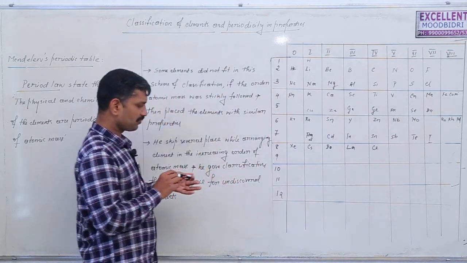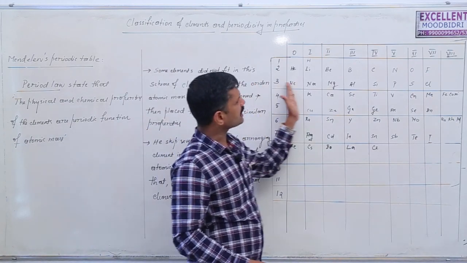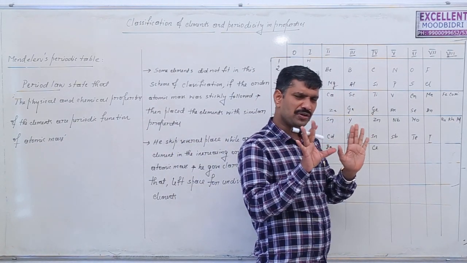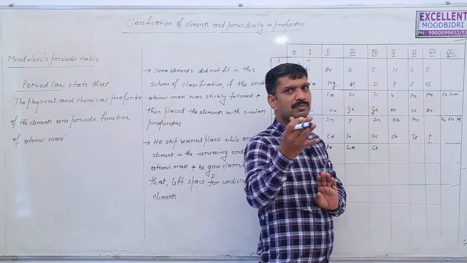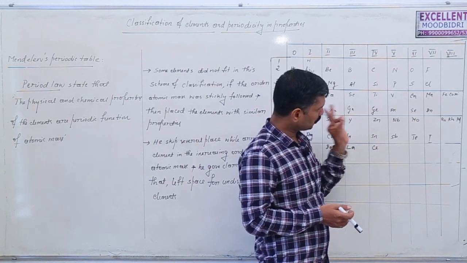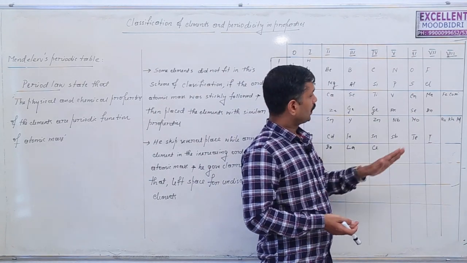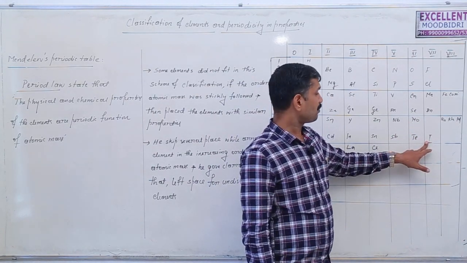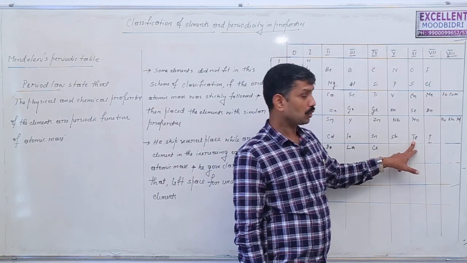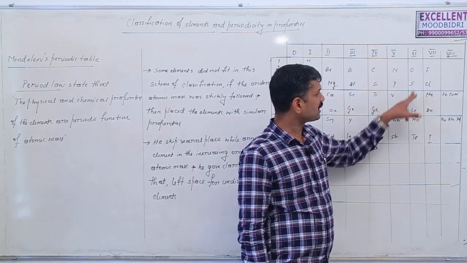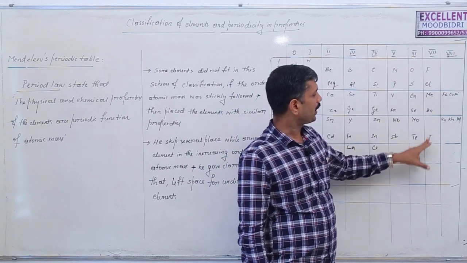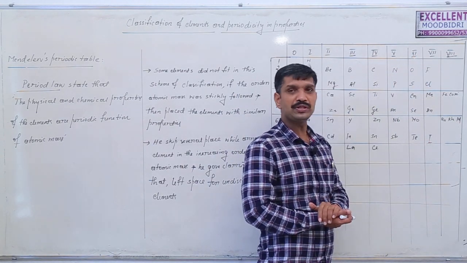A good example for this: when elements are arranged in increasing order of atomic mass, some elements did not follow this rule, meaning the atomic mass rule is not followed. One good example: iodine has a lower atomic mass compared to tellurium, but tellurium is placed in the sixth group, whereas iodine is placed in the seventh group.